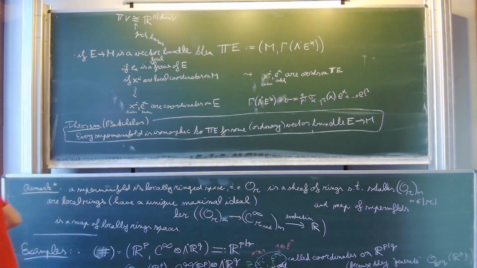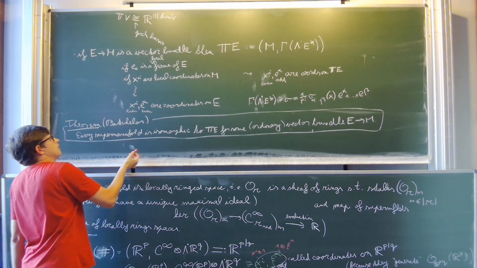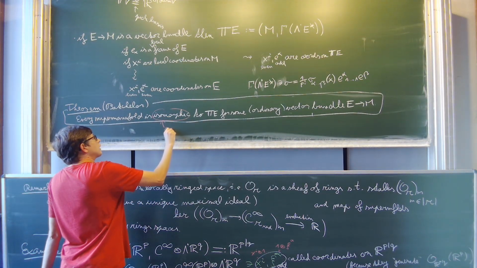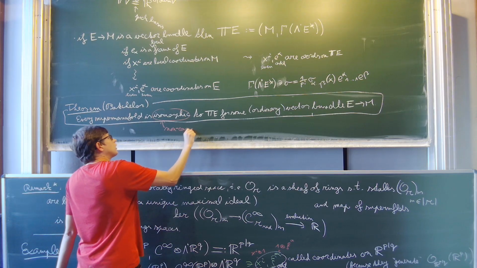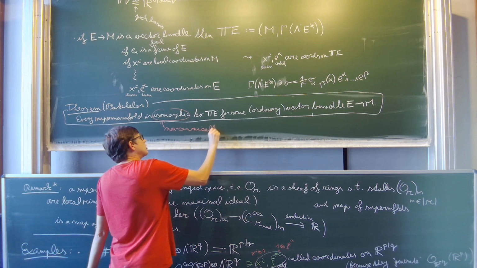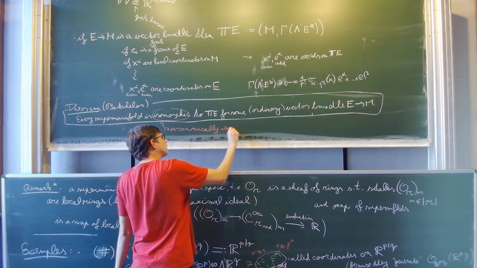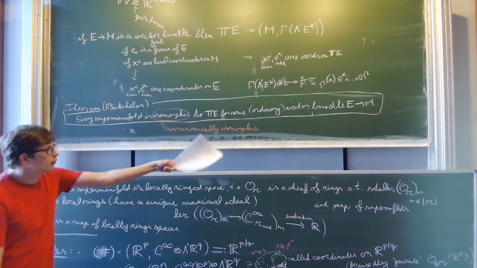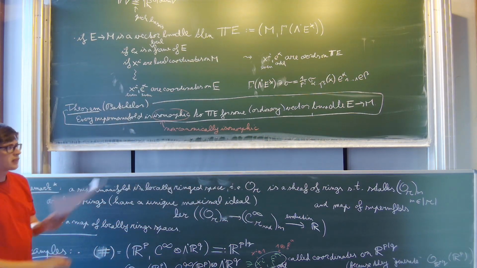But you should be careful with this, because this is in fact non-canonically isomorphic. So as categories, vector bundles and supermanifolds are very different.